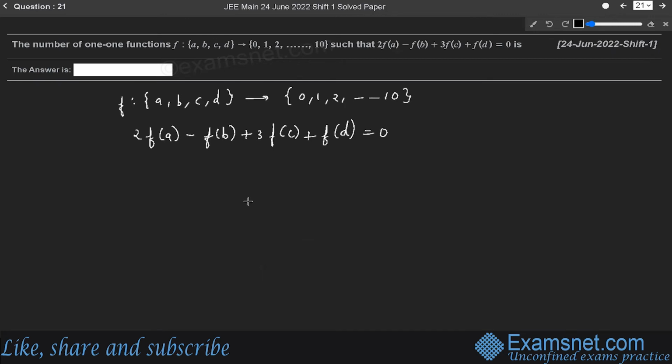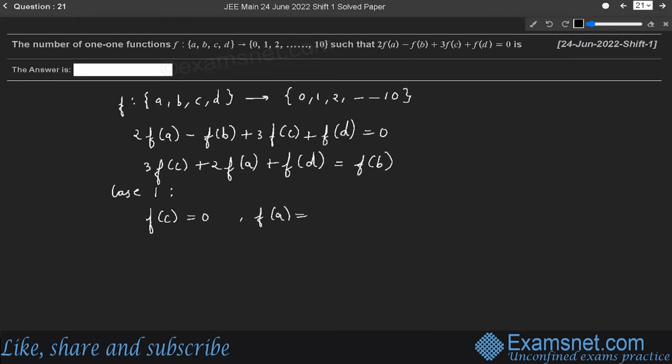See, this expression can be written as 3f(c) plus 2f(a) plus f(d) is equal to f(b). Now, case 1 will be, let f(c) be equal to 0 and let f(a) be equal to 1. Then 3 into 0 plus 2 into 1 plus f(d) will be equal to f(b), or we can say that 2 plus f(d) is equal to f(b).